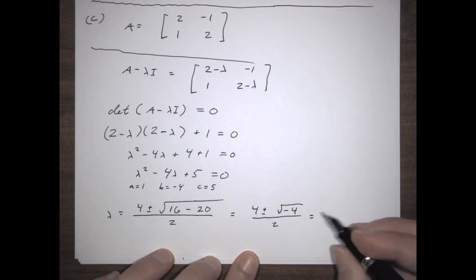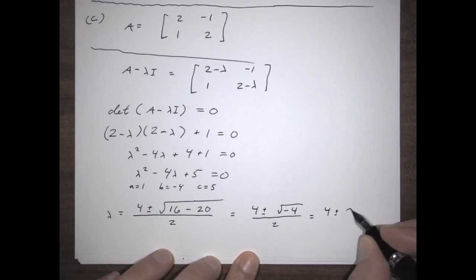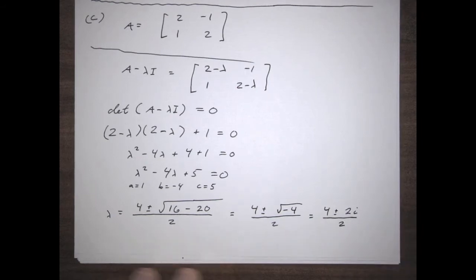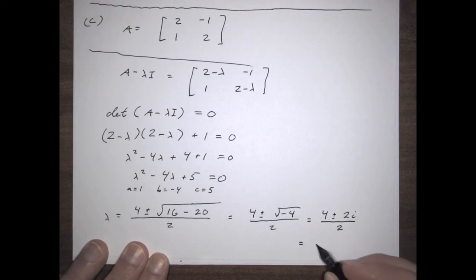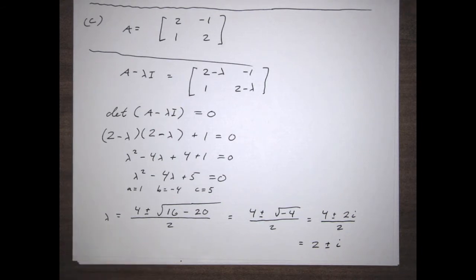Now in complex numbers, this is going to be 4 plus or minus 2i divided by 2. And so if I divide each of these by 2, that's going to be 2 plus or minus i. So we have our two complex eigenvalues.